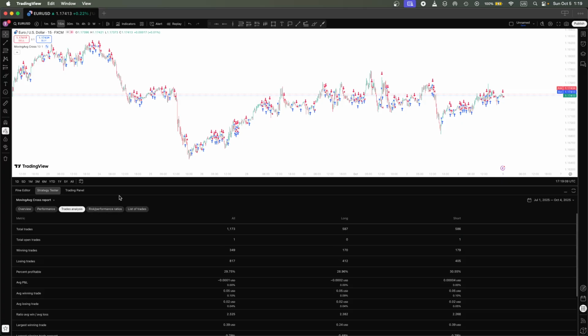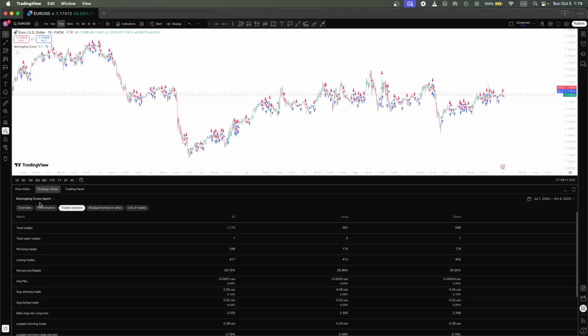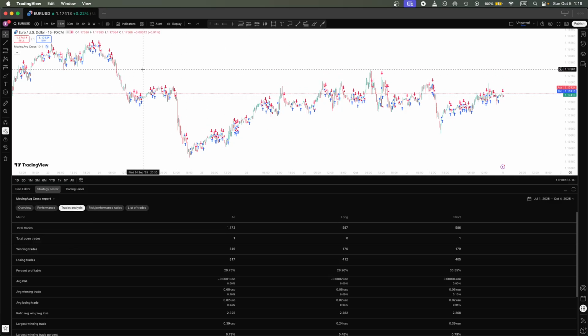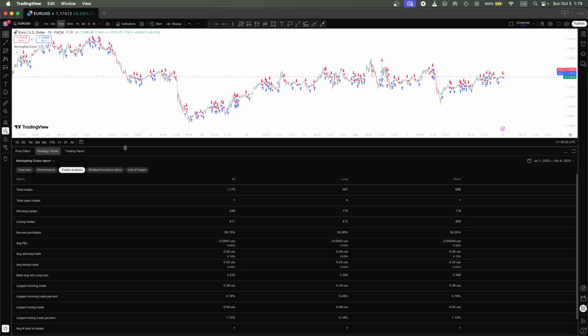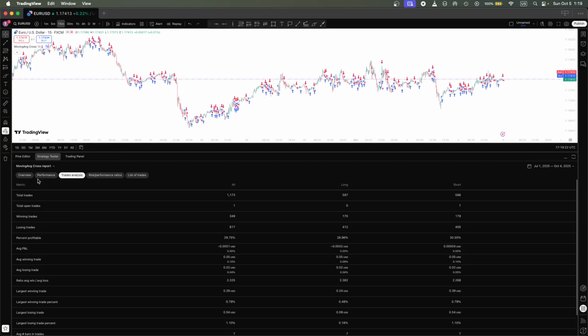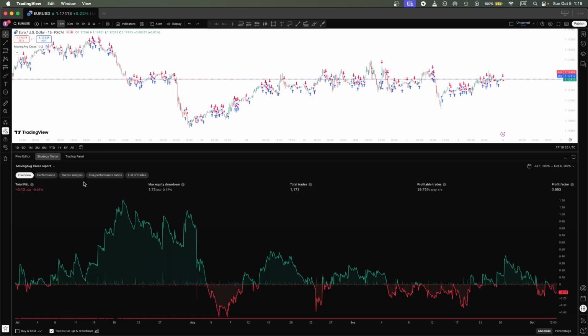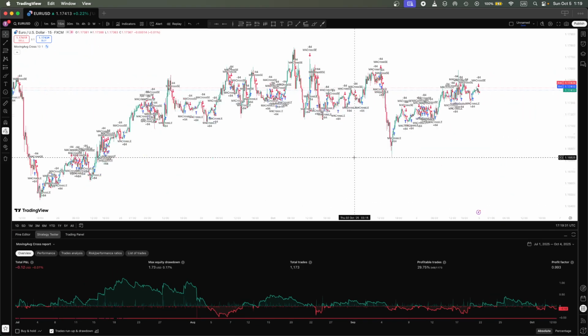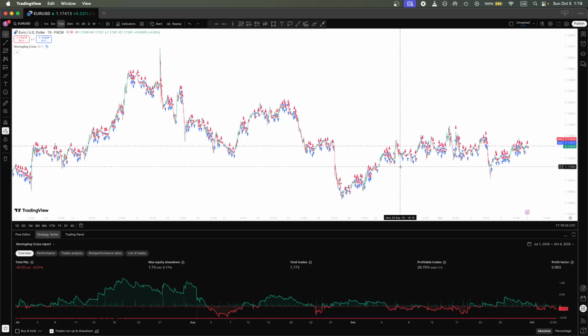So that's about it for this backtesting. It's quite a good tool that TradingView has given us, for free users as well. So y'all can try and play around.